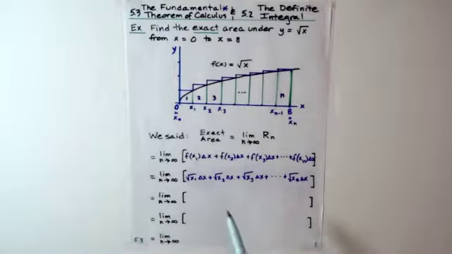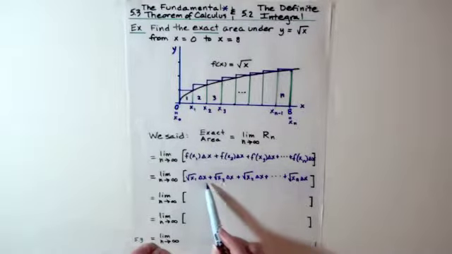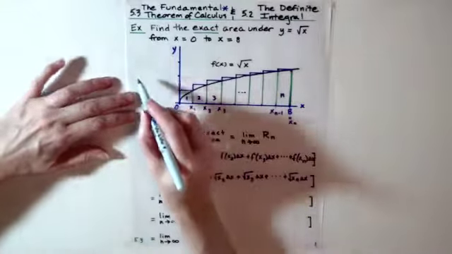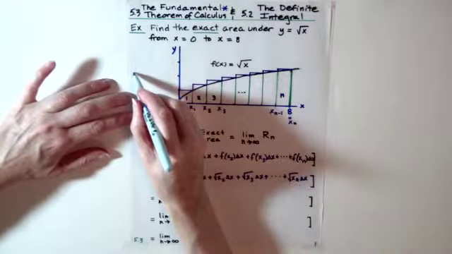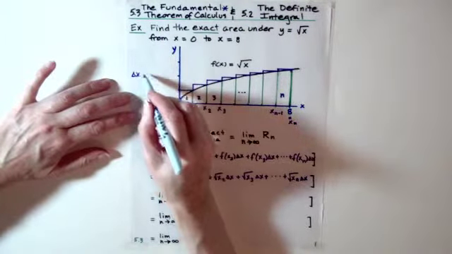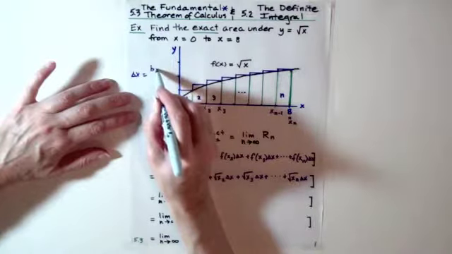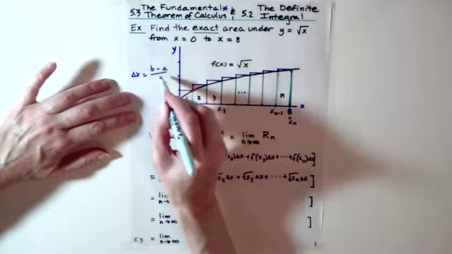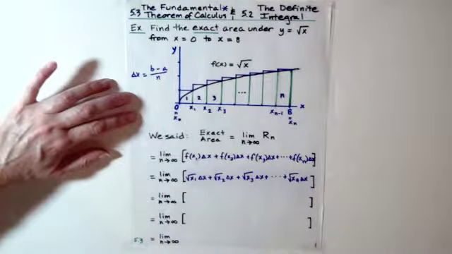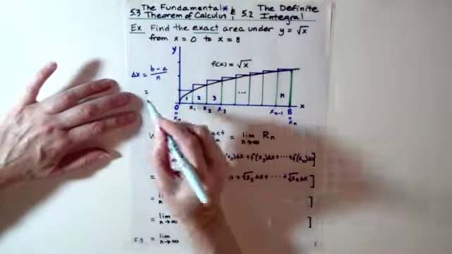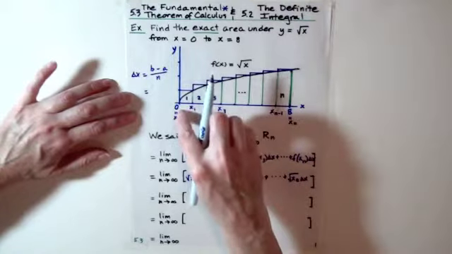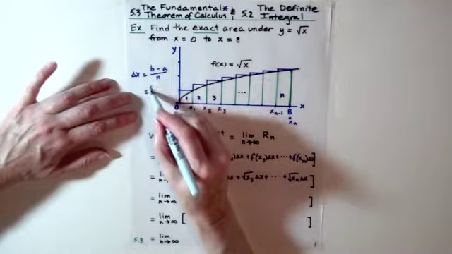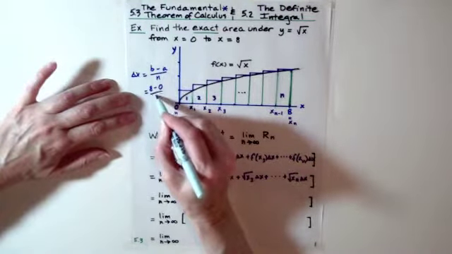Let's think first of all about the delta x that's right here. Remember that delta x is found by doing my whole interval, b minus a, the width of that whole interval, and dividing by the number of rectangles that I have. So for this example, my b is 8, my a is 0. So I'd have 8 minus 0 over n.